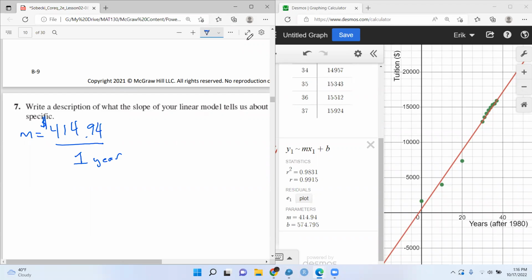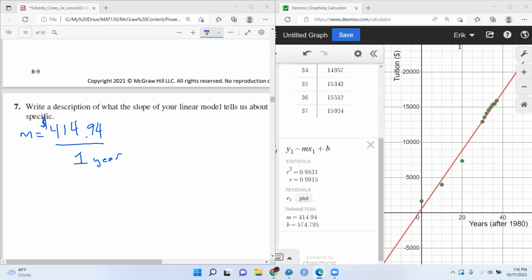All right, let's see what you got. Each year tuition is increasing by 414.94. Yes, I would. The only thing you should add is the years after 1980. Janice, I like that you added the y-intercept in there. You don't need to when interpreting a slope, but that's the next one we're going to do.